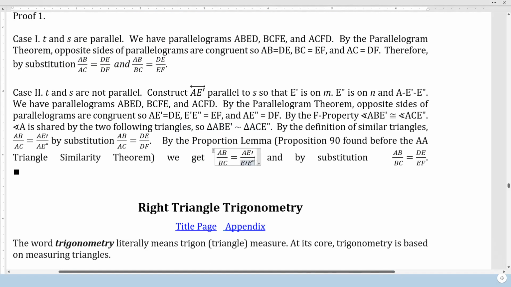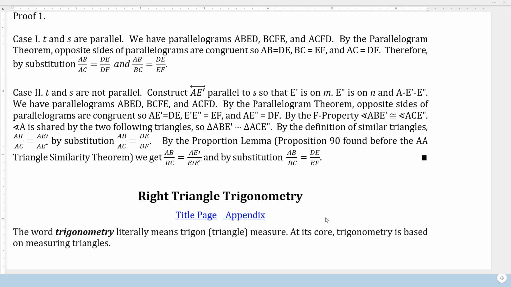Okay, right here, this relationship. And then this is just substituting again. AE prime is DE, and E prime E double prime right here is EF. And so that works out to give us that. And that completes our proof.